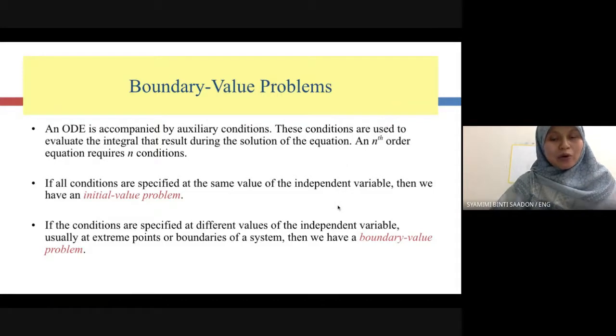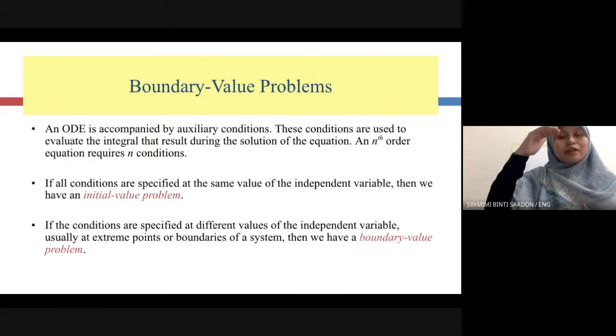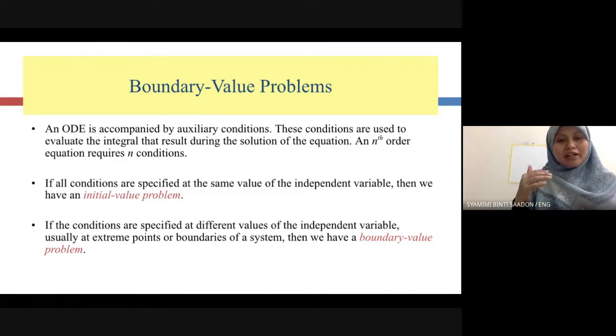So we are going to have a set of ordinary differential equations, and we are going to solve them by knowing the boundary values of these differential equations. We are going to learn how to solve, applying the method to solve these differential equations.